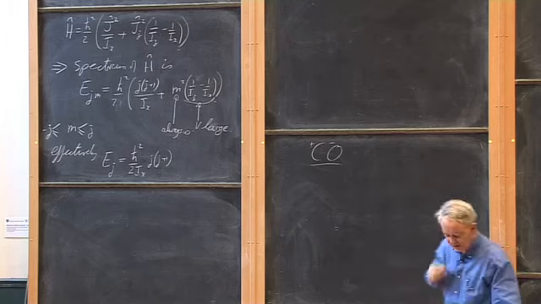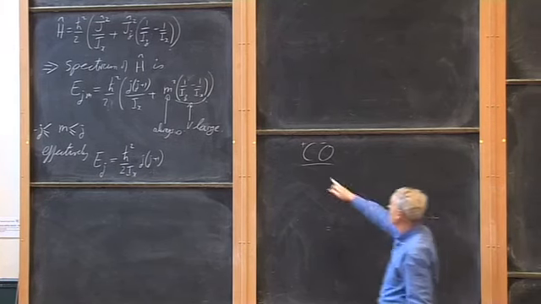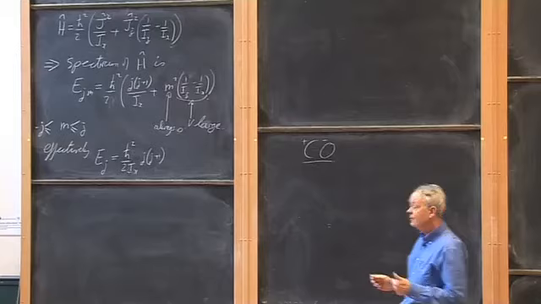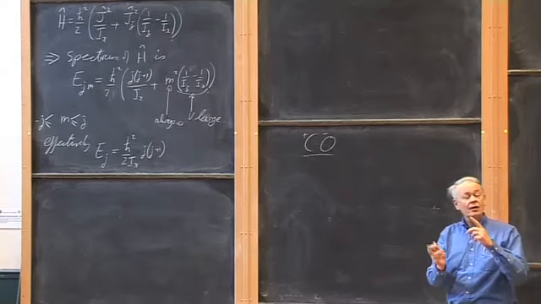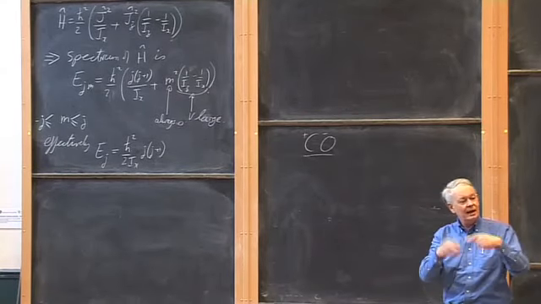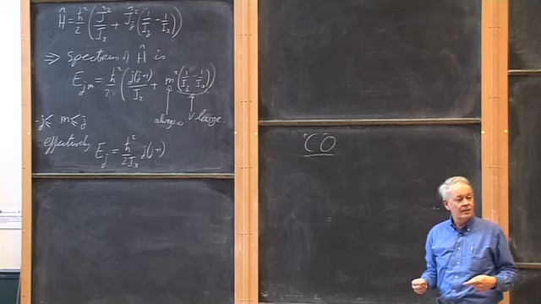Oxygen has a great affinity for electrons, so it borrows some of carbon's electrons and ends up being a little bit negative. This is a little bit positive. So a carbon monoxide molecule, which is spinning end over end, is a rotating electric dipole.